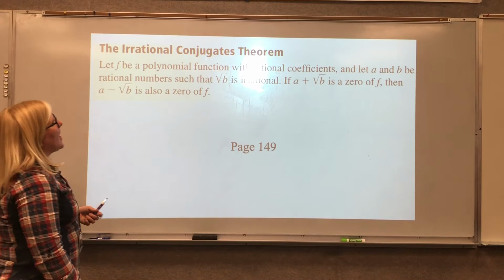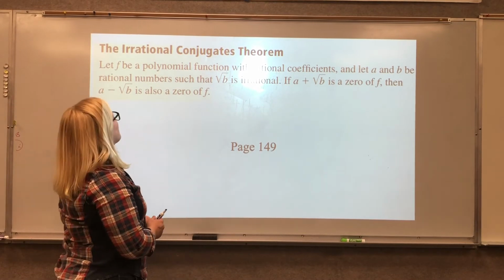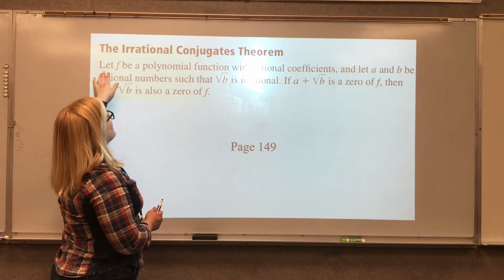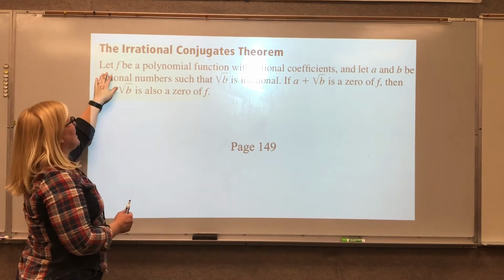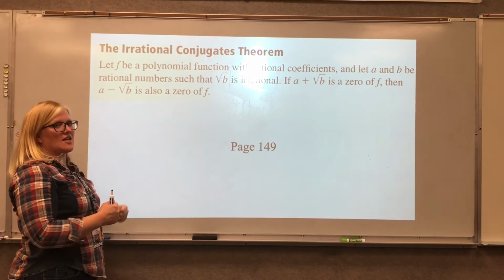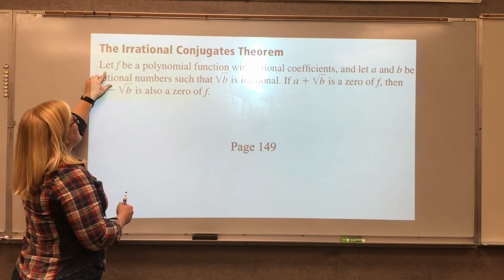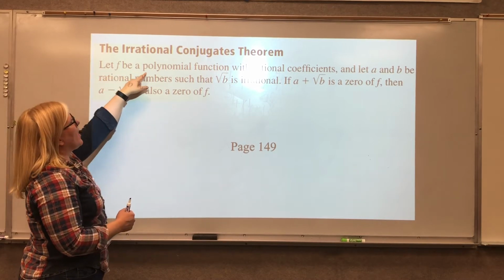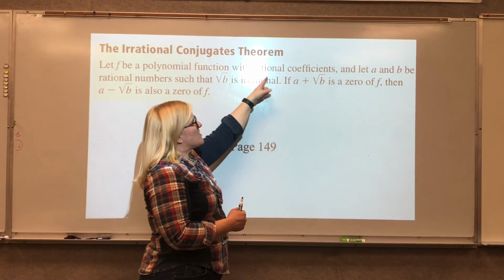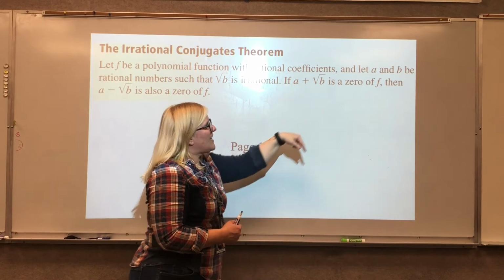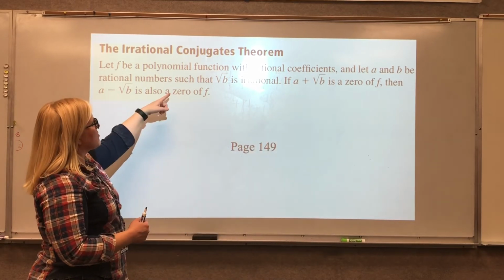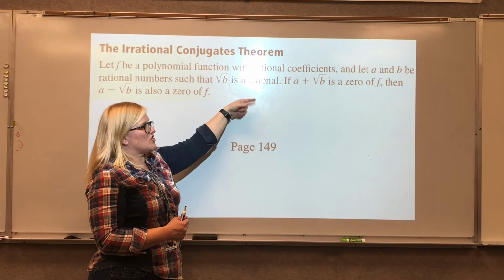The irrational conjugates theorem. Let f be a polynomial function with rational coefficients, and let a and b be rational numbers such that the square root of b is irrational, okay?